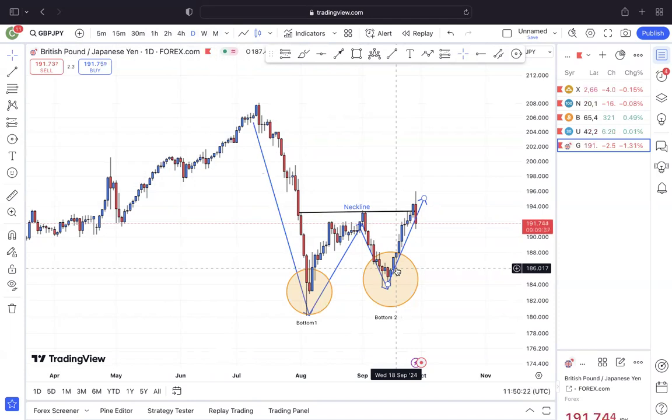It's of more significance and it's more reliable. Because on the higher time frame, it took a long time for it to reach this pattern. So the odds of it working in your favor are very high. So the odds of the potential uptrend is right around the corner.